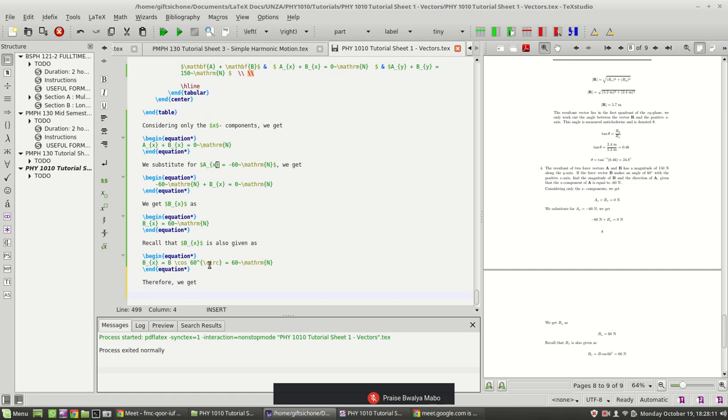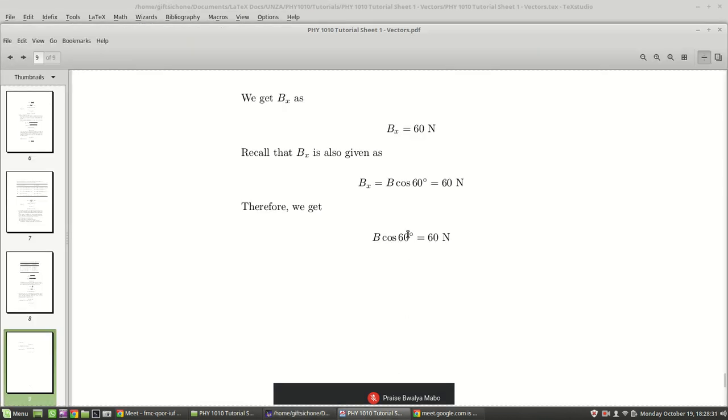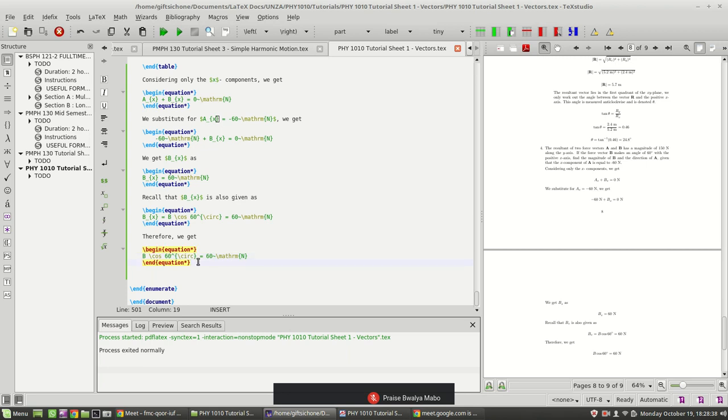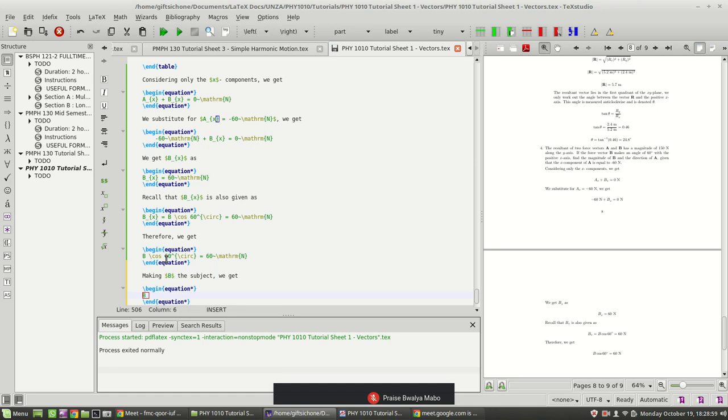we got the following. We get this. So making B the subject, if we make B the subject, what do we get?